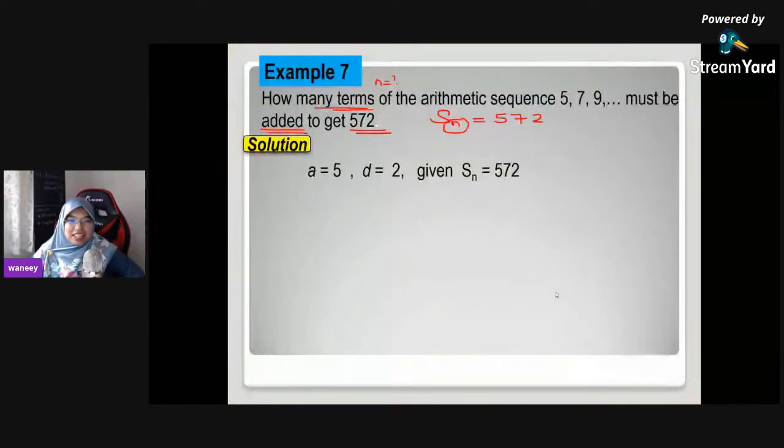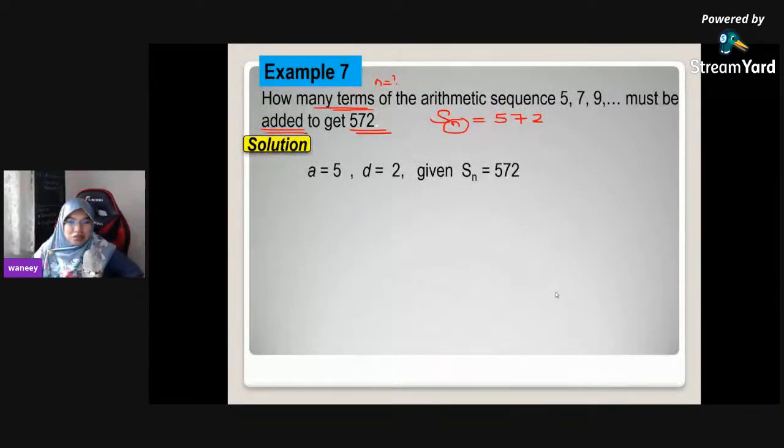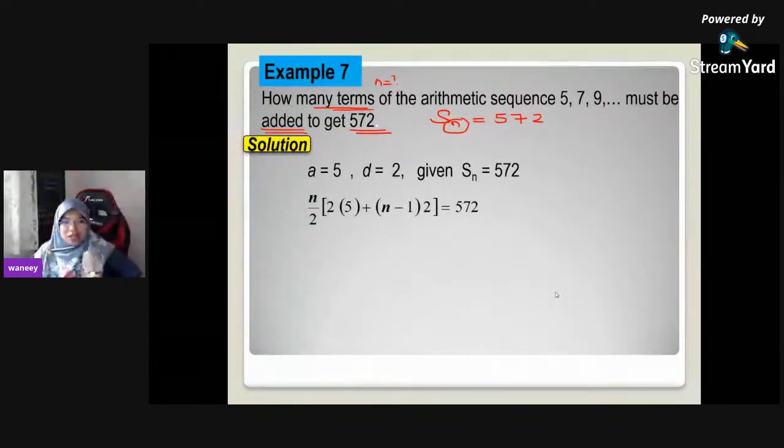Okay, so now a is equal to 5, d is 2, given that Sn is equal to 572. So we simply substitute into the formula. You can bring the 2 to the right hand side, or you can actually simplify the 2, since we have 2 here and 2 here.